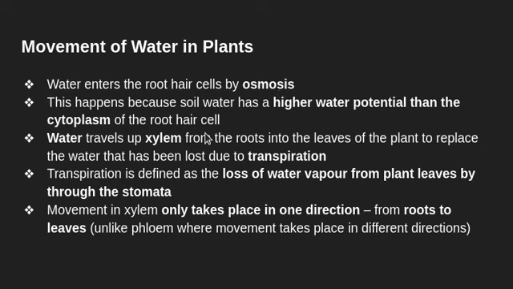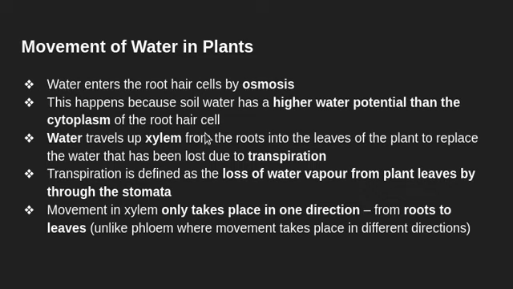This is because soil water has a higher water potential than the cytoplasm in the root hairs, which means we have more water in the soil than there is water in the plant cell, right? So water will move from a region of higher concentration to a region of lower concentration through the semi-permeable membrane. That's the definition of osmosis.